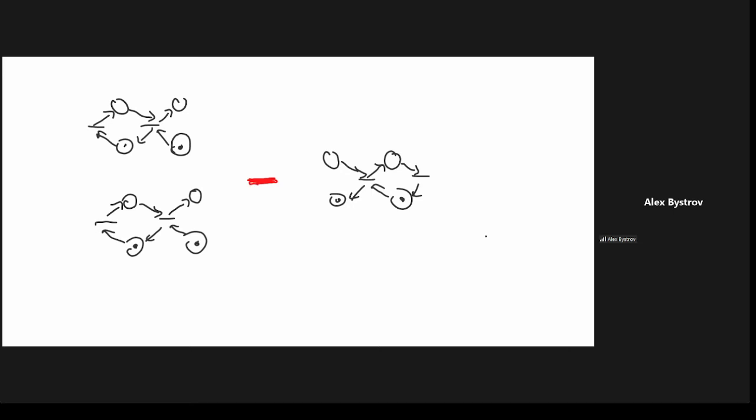This transition will make this stage full. It will make the stage full, and these stages will be made empty through the same transition. So the arc will go here, and from here, here, and from here it will go here, and from here it will go there. That's it.